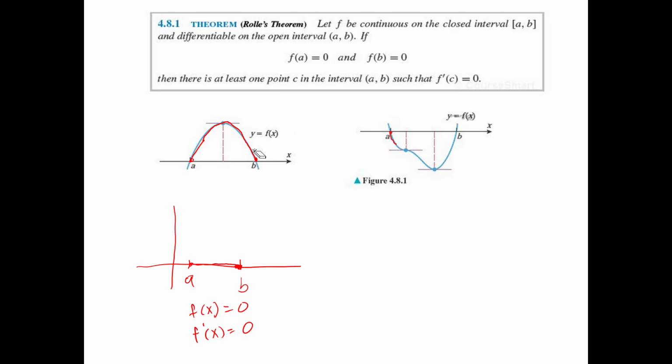And not only that, you know that your absolute max and absolute min has to happen at the endpoints or the critical points, right? And since at the endpoints they're both 0, then it couldn't happen at the endpoints. So then it must have happened at the critical points. And since it's differentiable, there's no place where the derivative is undefined, and so it must have happened at a stationary point where your derivative was 0, like you have here in your graph, at a flat spot, right?